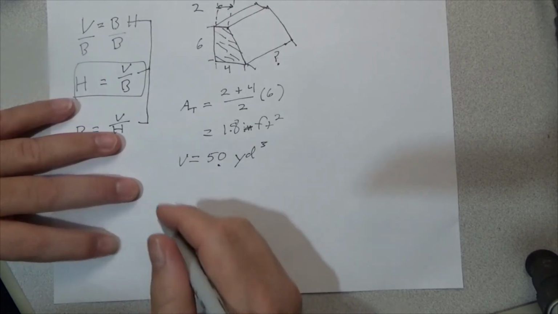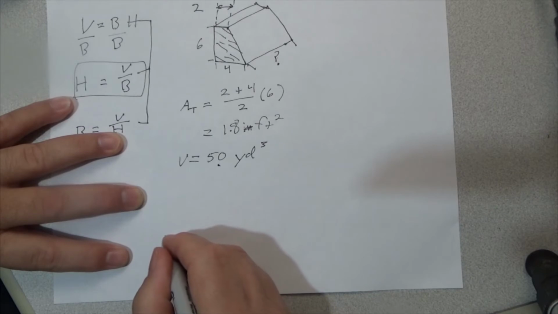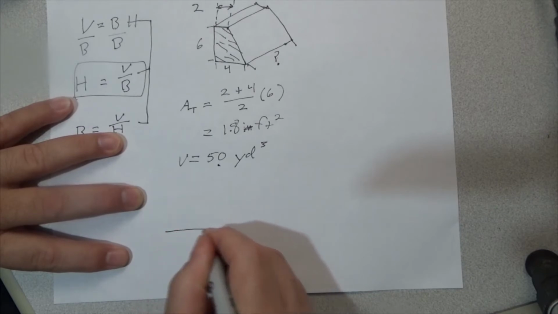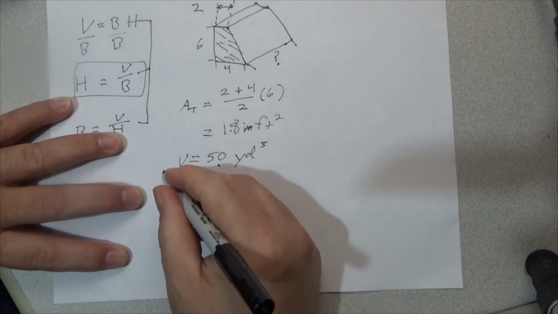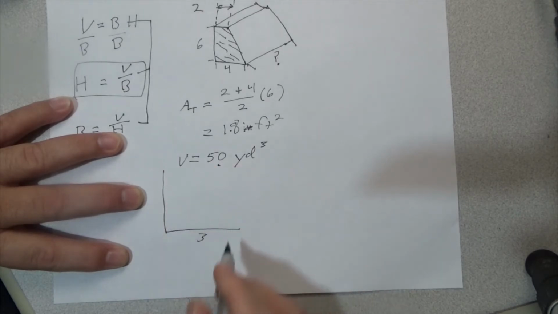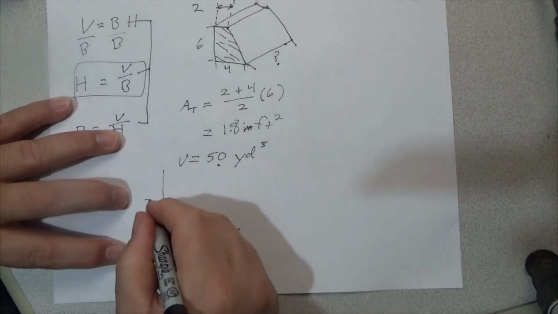So let's take a look. I hope everybody knows, and if you don't, you're going to know now, that 1 yard is 3 feet. If this is 1 yard from here to here, it's 3 feet. If this is a yard from here to here, it's 3 feet.